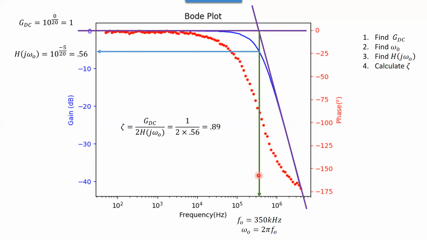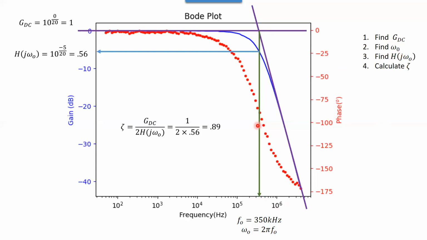All right. So anyway, I calculate the cutoff frequency of 350 kilohertz, right? The DC gain, I can see it's going to 0 dB, so that's 1. Omega naught is 2 pi times the cutoff frequency. Now, in order to find the damping factor, I need to know what the magnitude is at j omega naught.